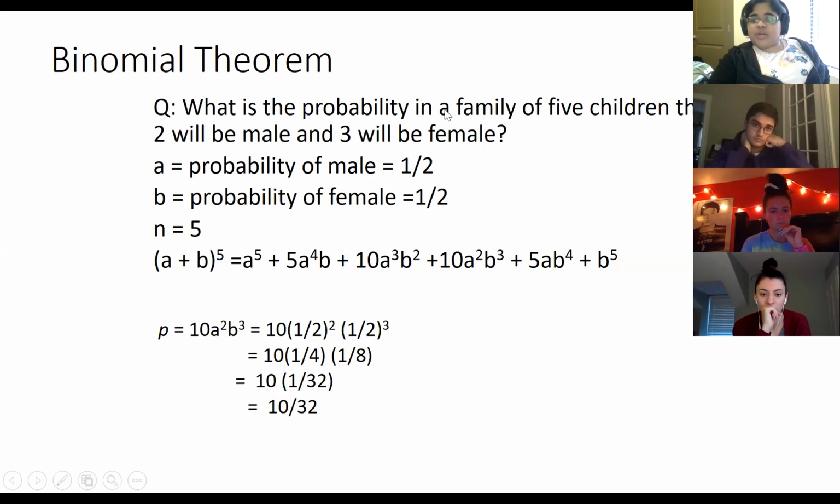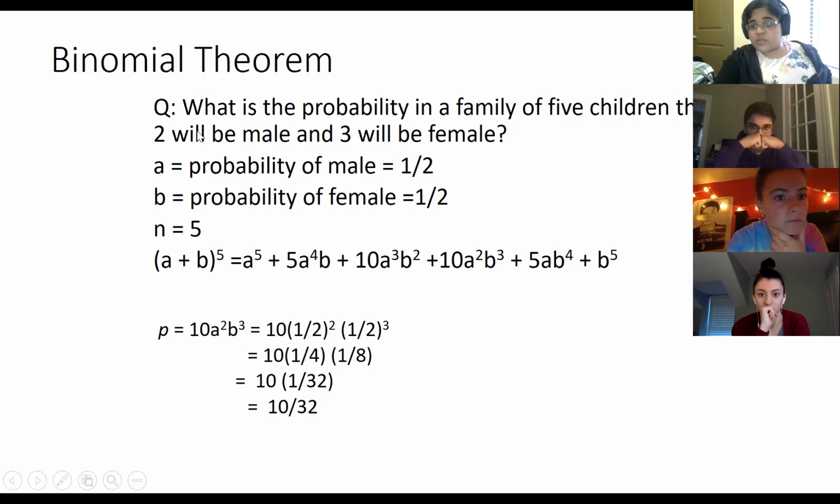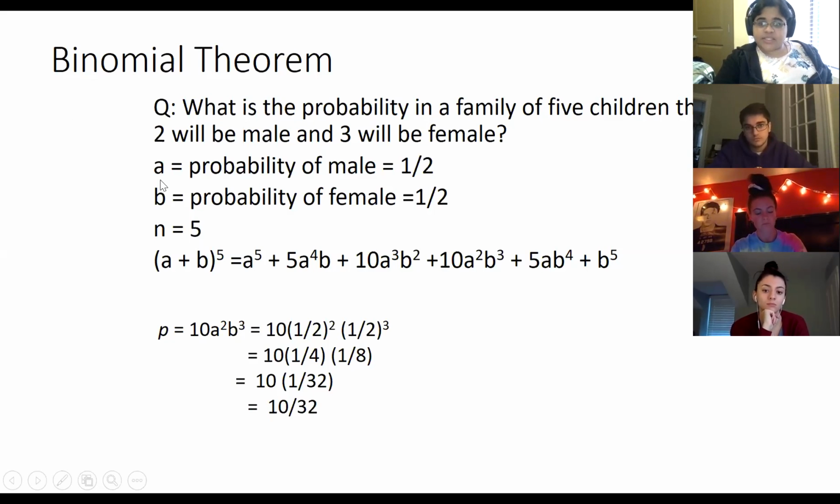What is the probability in a family of 5 children that 2 will be male and 3 will be female? We use the binomial theorem in this case because, remember how we were talking about it, there can be different orders. With 5 children, that can be a lot of orders. So the binomial theorem makes it less complicated in the way that we assign it.